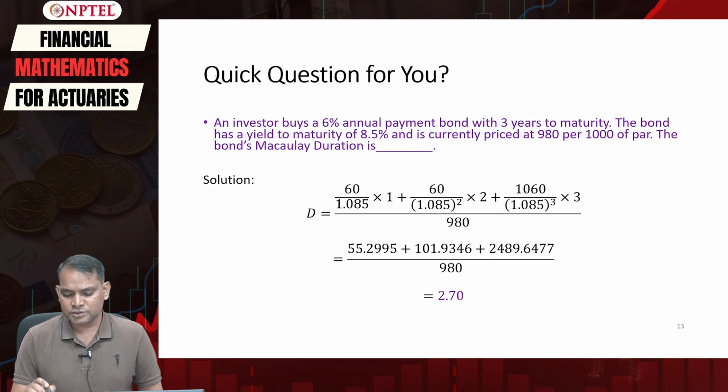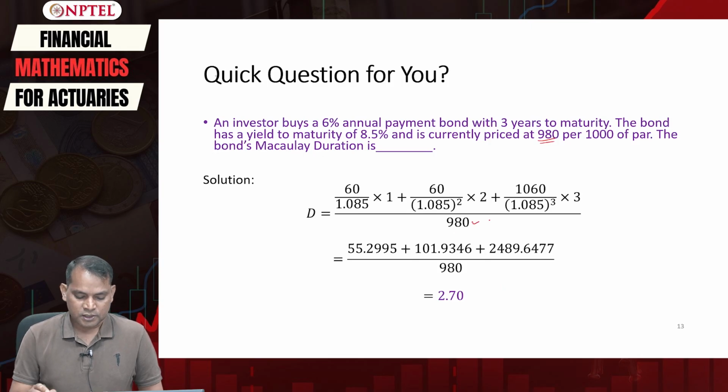So we will have 1060 divided by 1.085 to the power 3 multiplied by 3, whole divided by the price here, 980.